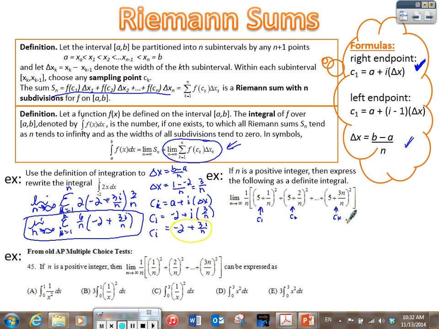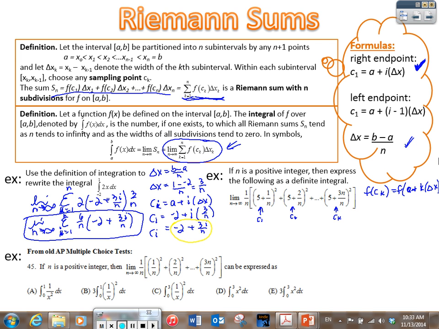So what we're working on is this: f of CK, whichever variable we are, is f of a plus k times delta x.